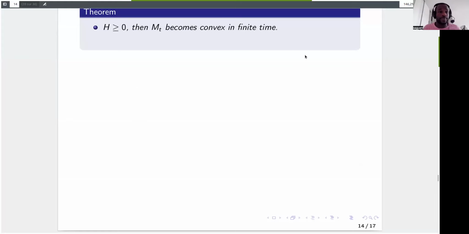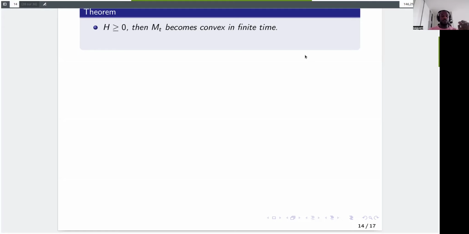As for the curves, well, this result was not discussed for the curves. What we said for curves is that we start from any curve, convex or not convex, it's going to become convex in finite time, and then it's going to converge to a round point in R2.